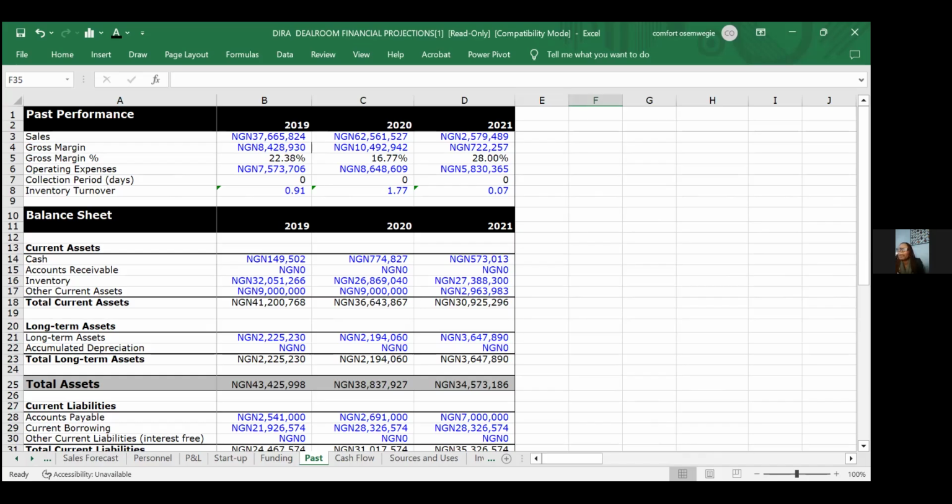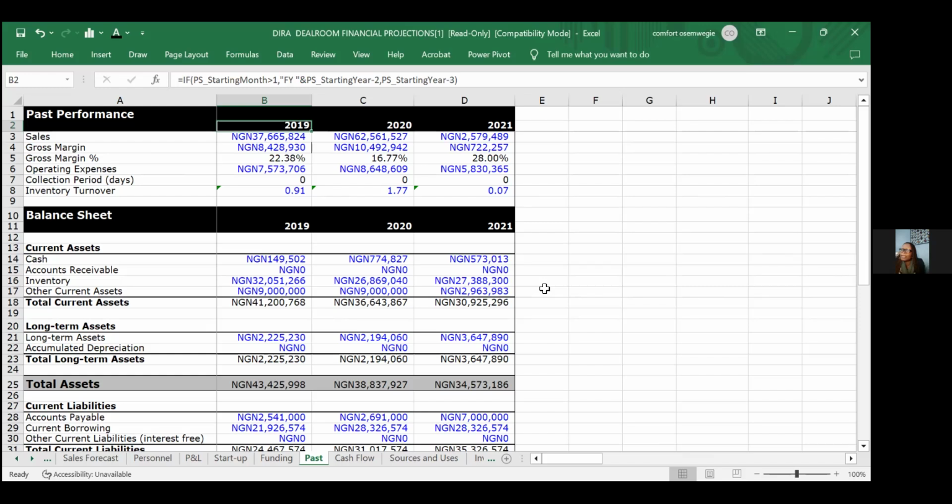Provision for past performance would be 2022, 23, 24. So here you will have 2022, 2023, 2024.